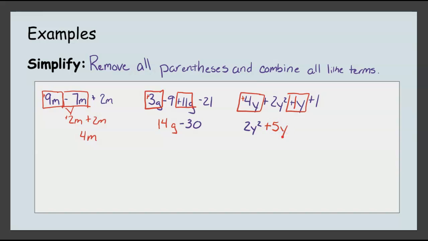That means positive 5y. And I'm going to go back and look at my expression. I have one more that I've not used yet, and if you notice, it's the constant. I have this positive 1 out here on the end, and there's no other constant in the problem. So that means I don't need to combine it, I just need to rewrite it. So that is combining like terms, or the second part of simplifying when it works on an expression.